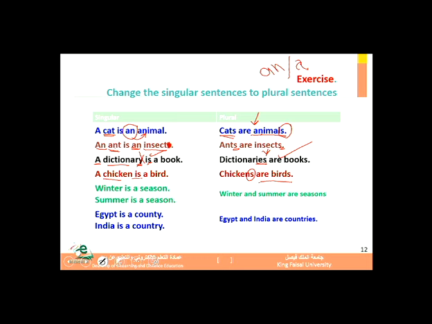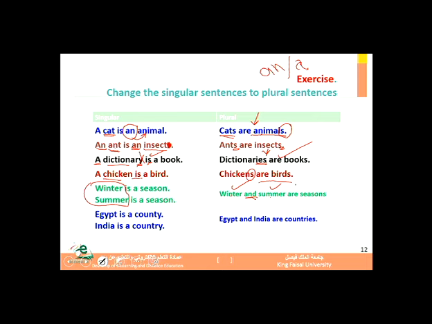Winter is a season. Summer is a season. Now what if we connect winter with summer? So we can say winter and summer. So they are together. They are two singular nouns, but when they are connected with and, they become plural.